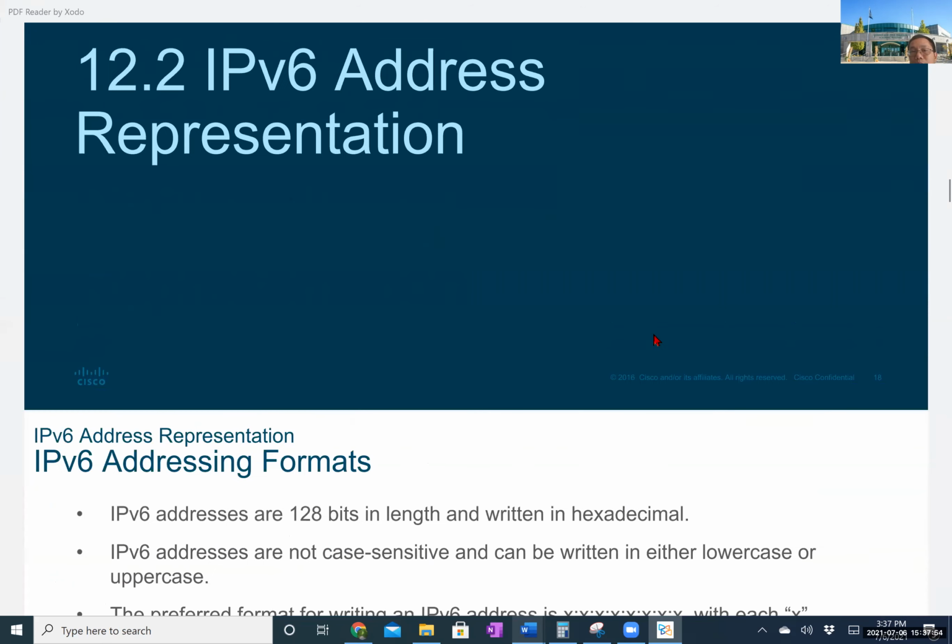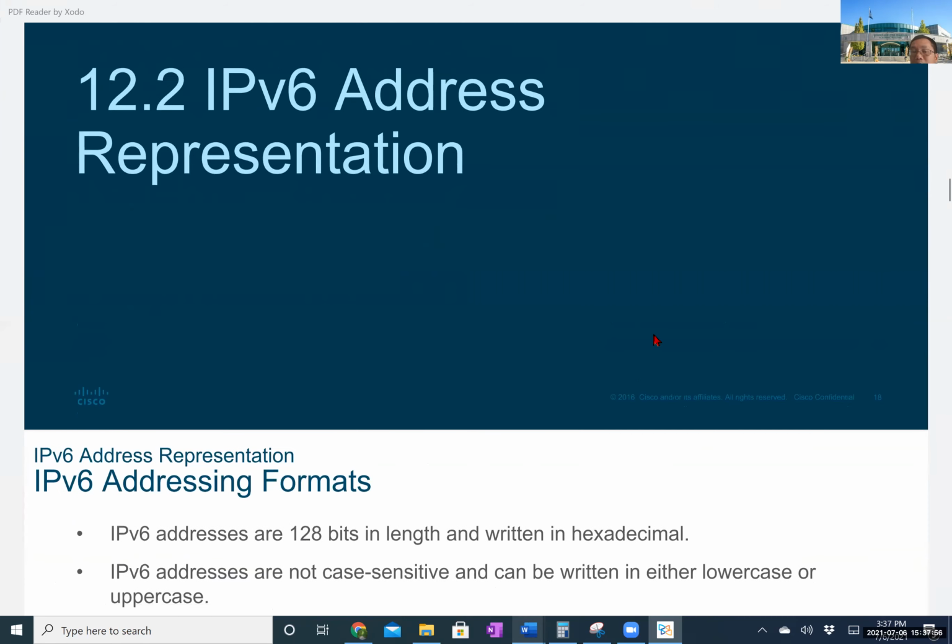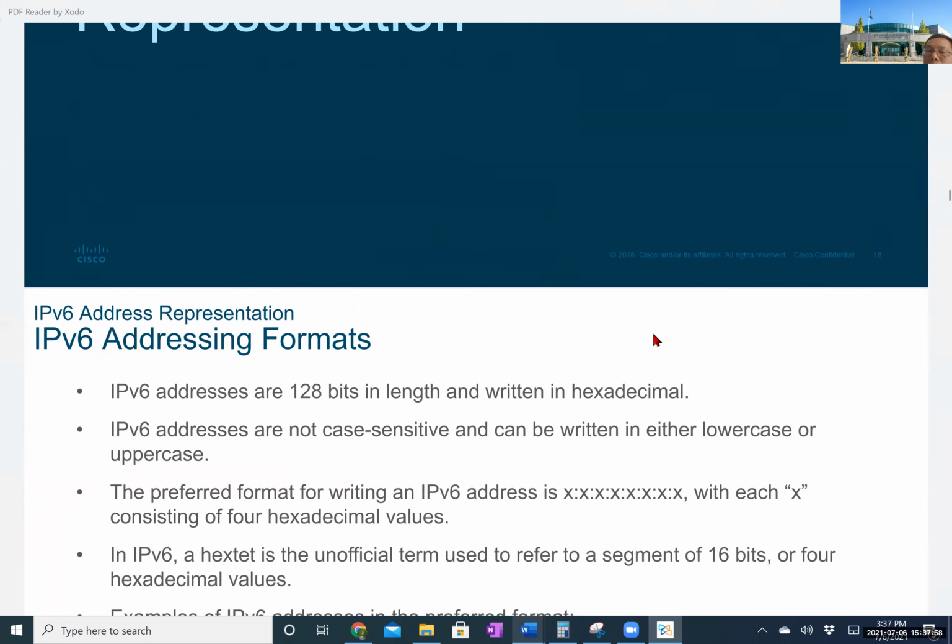Now, for the IPv6 address representation, in total you have 128 bits, and they work in hexadecimal. Remember, they work in hexadecimal. In IPv4, you can work in binary or decimal, not hexadecimal.